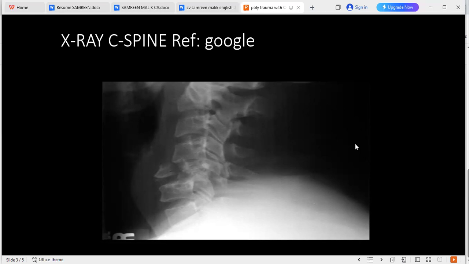I can see here a cervical vertebral fracture or spinal fracture on one of the cervical vertebrae. I think this is the C5 or C4.